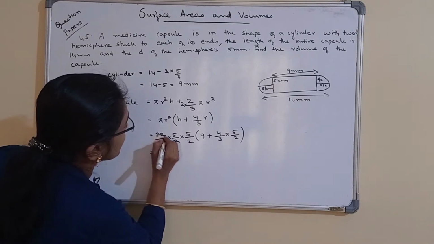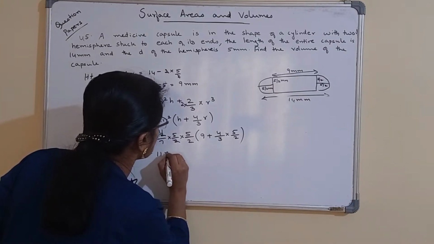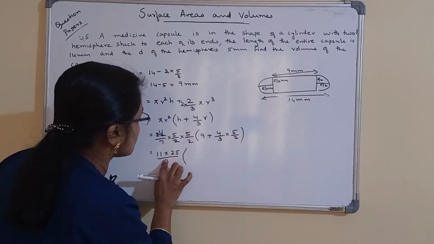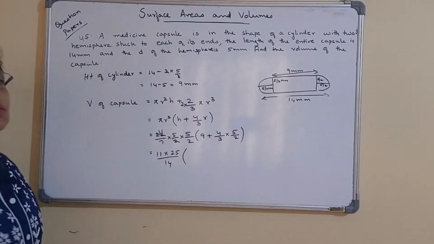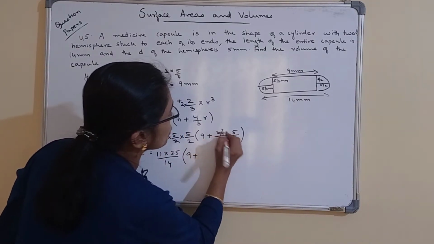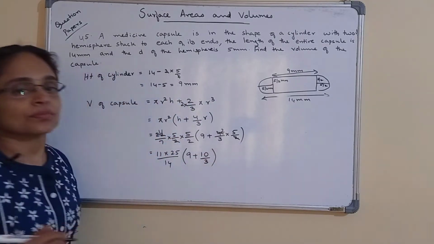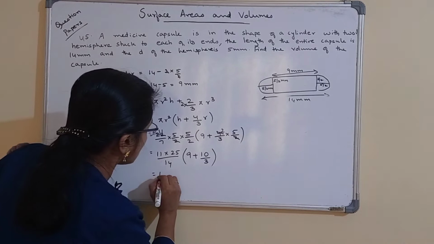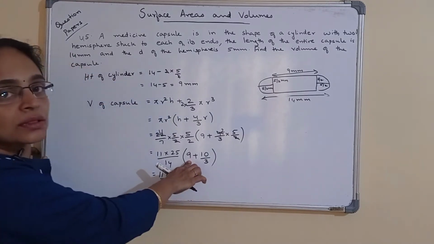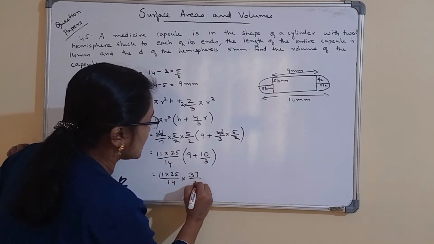Okay, so we can simplify this. 2 will go in 22 11 times and this will become 11 into 25 by 7 into 2, that is 14, and this is 9 plus, 2 will go in 4 2 times, so this is 9 plus 10 by 3. So this is equal to 11 into 25 by 14 into 3 9s are 27. 27 plus 10 is 37 by 3.